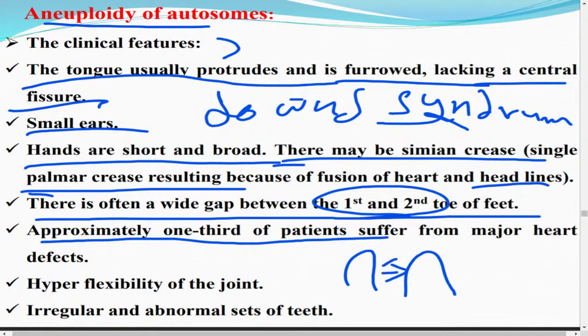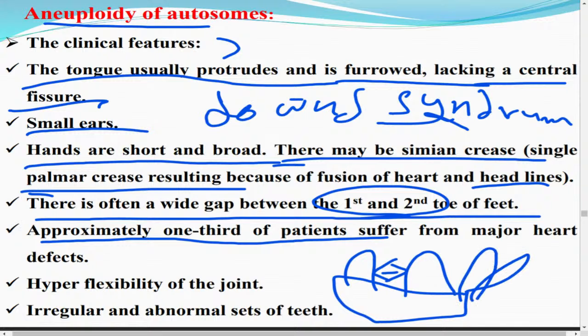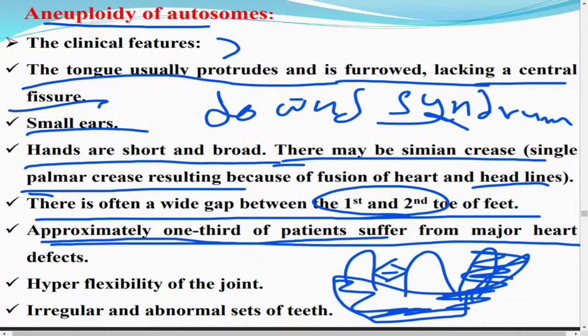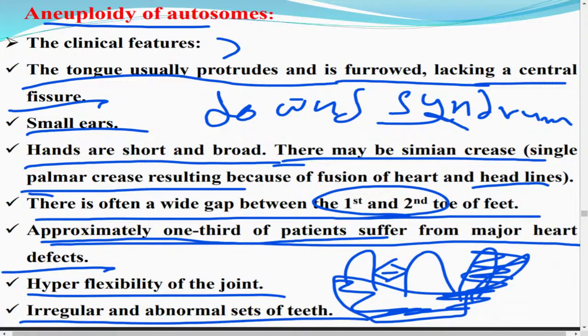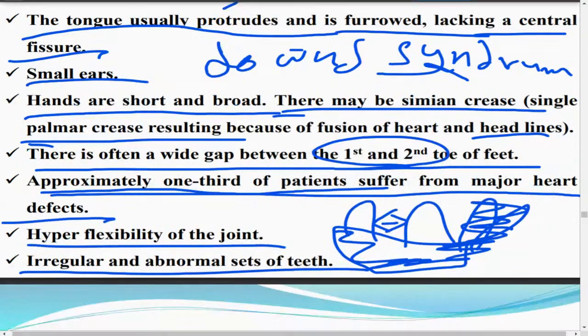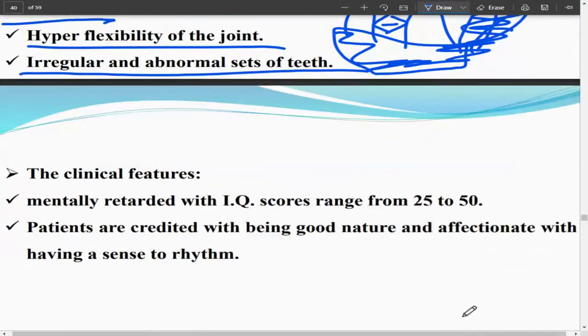Then approximately one third of patients suffer from major heart defects, hyperflexibility of the joints, and irregular and abnormal sets of teeth.